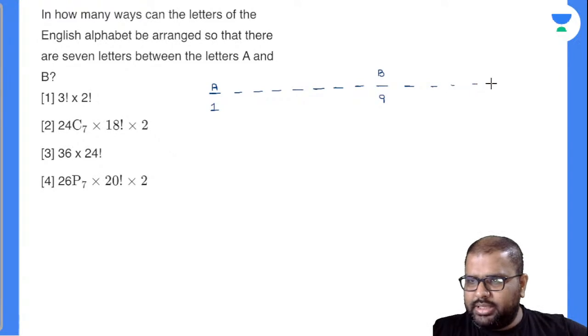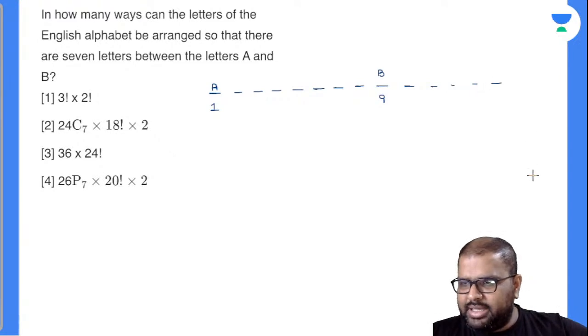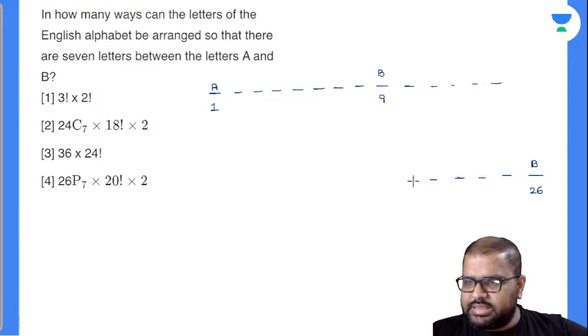Can I write down like this? So finally, if B is in 26th position, where will be A? There will be a gap of 7 now: 1, 2, 3, 4, 5, 6, 7, and this is our A. You closely observe: 25, 24, 23, 22, 21, 20.